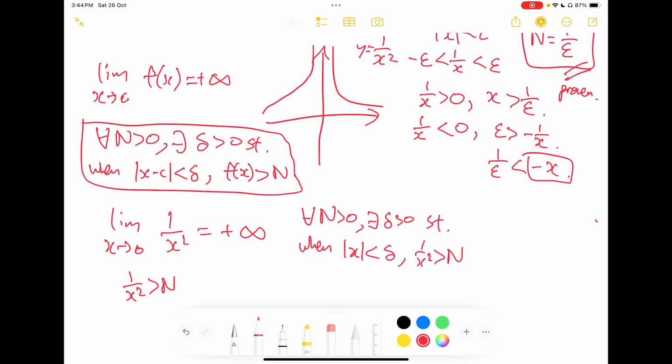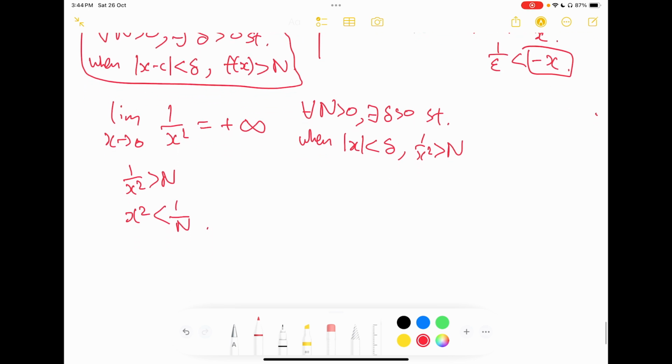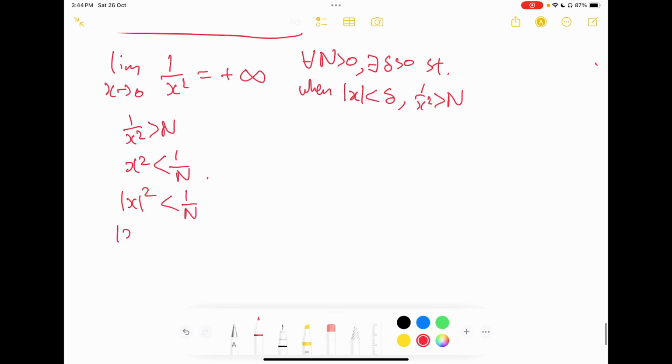Now we need to prove that we can find this value of delta. So how we would do this is, since n is a positive number, we can flip it over. And we'll get this. And in fact, x squared is like the absolute value of x squared as well. So you can actually find this to be 1 over the square root of n, and you can set delta equal to 1 over square root n.